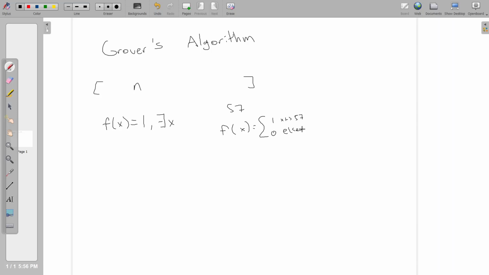This is what the function would look like if we're mapping it. This is why you could think of it as unstructured search, because there's no order to this problem. And this is what's known as an oracle-based algorithm, because this function that we're querying is just given to us. It's just known, or the algorithm just assumes it's there.